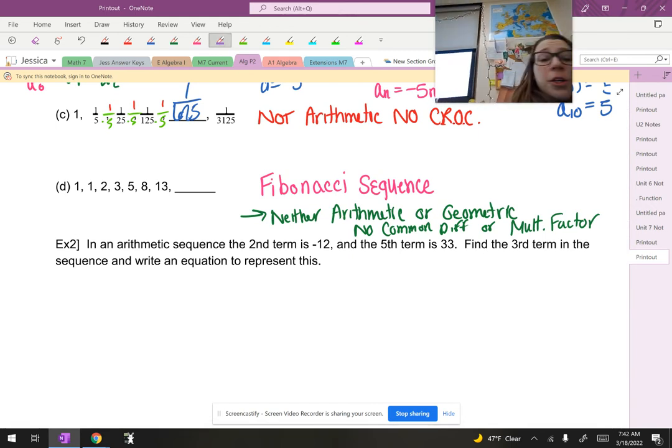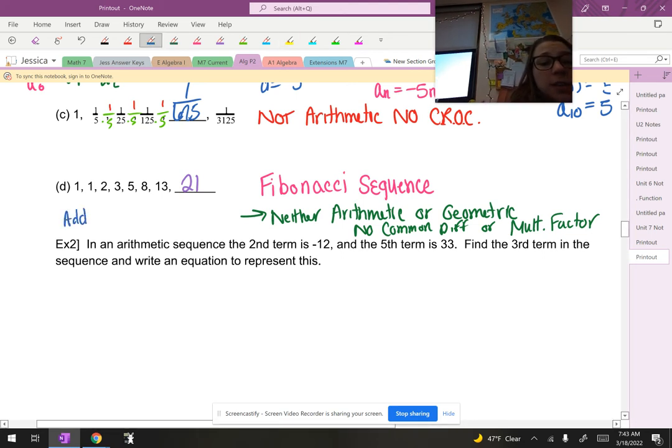So the missing term here would actually be 21, and that's because you are adding the 2 previous terms to get to the next one.